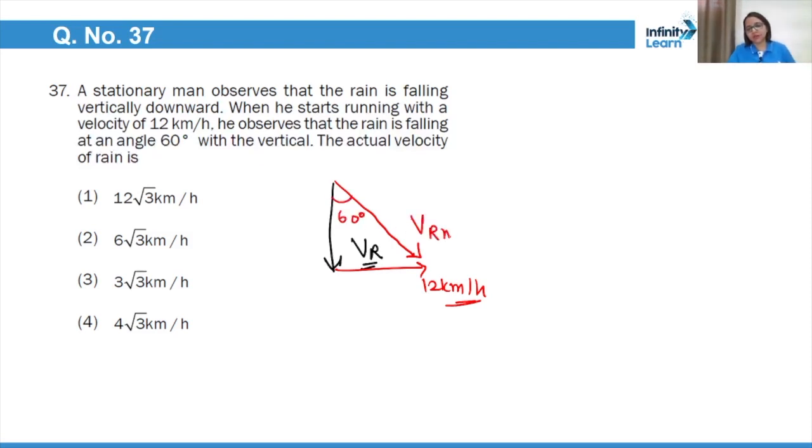So this is velocity of rain with respect to man. The actual velocity of the rain is. So in this right angle triangle, tan 60 degree will be 12 upon VR. So velocity of rain will be 12 upon tan 60 degree, which is root 3. So it is 4 root 3 km per hour, which is option 4.